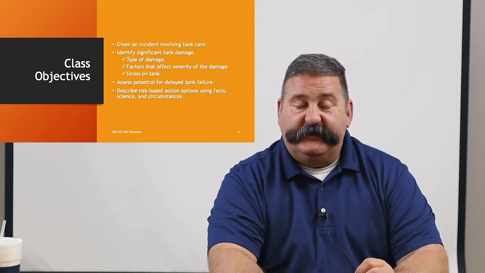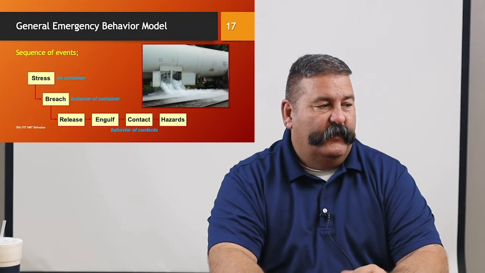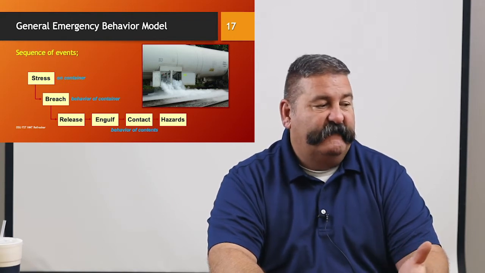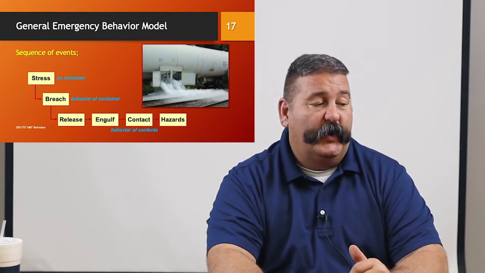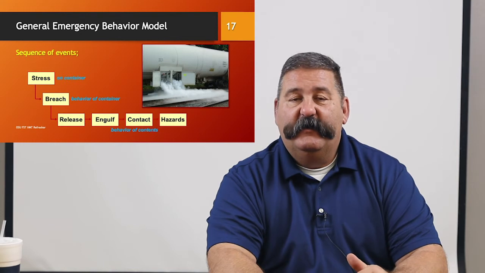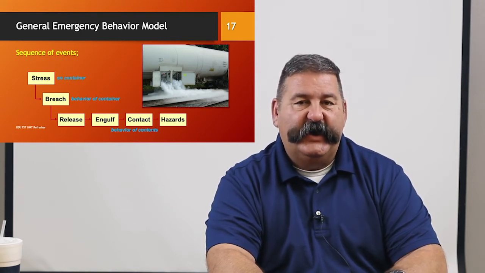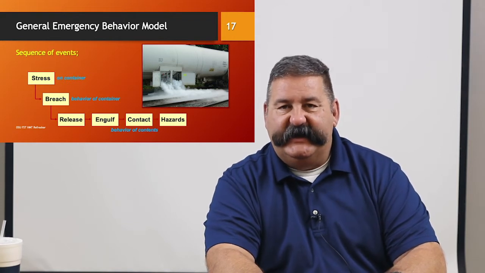When you look at the General Hazardous Materials Behavior Model, GEBMO, it is broken down into a sequence of events as follows. First off, we look at the stress on the container. What kind of stress are we looking at? As we go through these steps, the likely outcome is the next step.